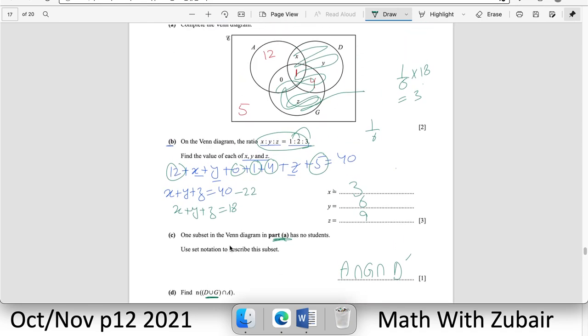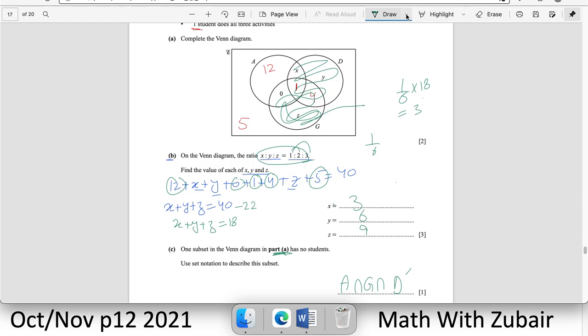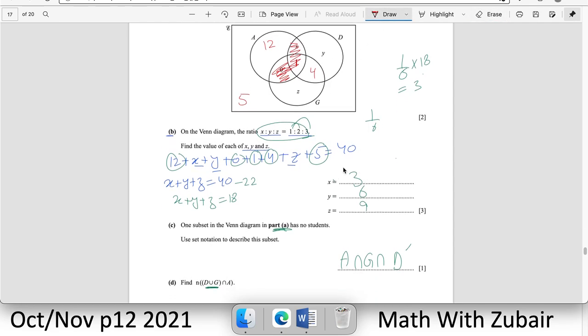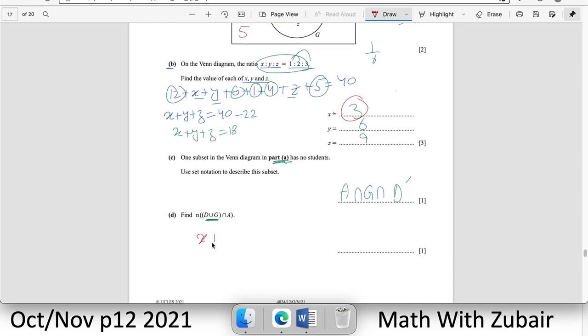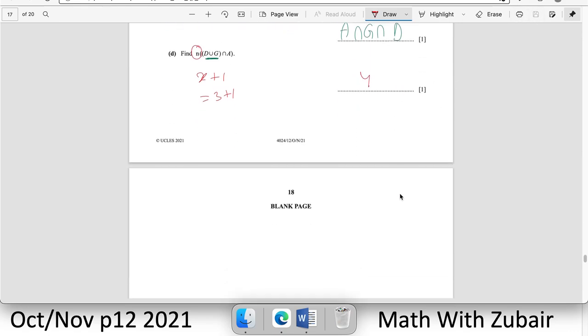And then intersection with A is just this common part in red. So let me remove this green. So in red we have x and 1. X was 3 and 1. So in total it is x plus 1, 3 plus 1, and we have 4 students in total.